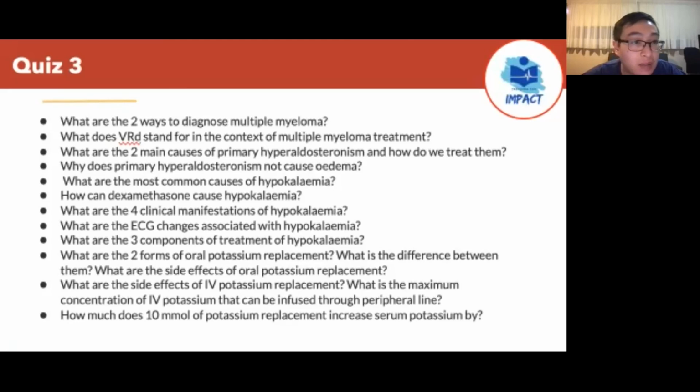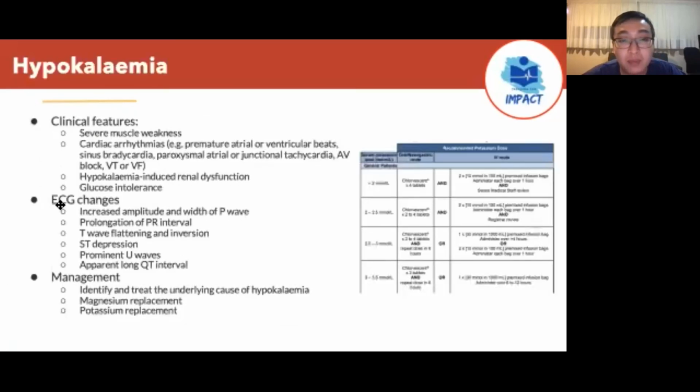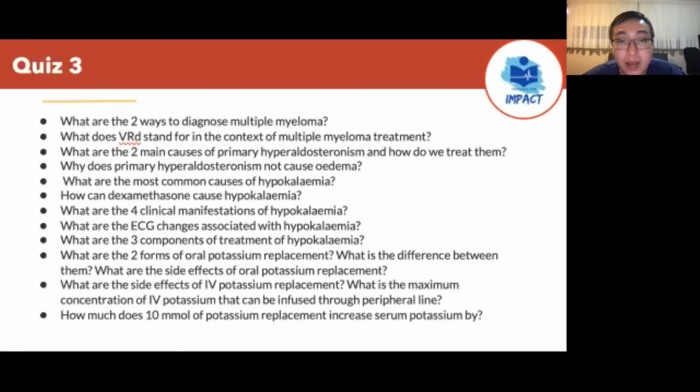Hypokalemia can induce renal dysfunction in a syndrome called hypokalemia-induced renal dysfunction. It also can cause glucose intolerance as well, and the mechanism is similar to how thiazide diuretics can also cause diabetes. So the mechanism is the same as thiazide-induced diabetes mellitus.